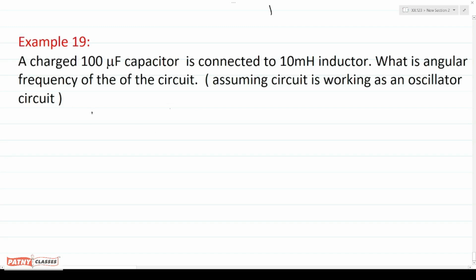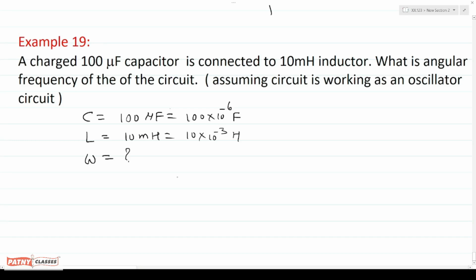Here the capacitor value is C equals 100 microfarad, that is 100 into 10 raised to minus 6 farad, and the inductance value L is 10 millihenry, that is 10 into 10 raised to minus 3 Henry. We need to find angular frequency omega. Here we are assuming the circuit is under resonance condition.